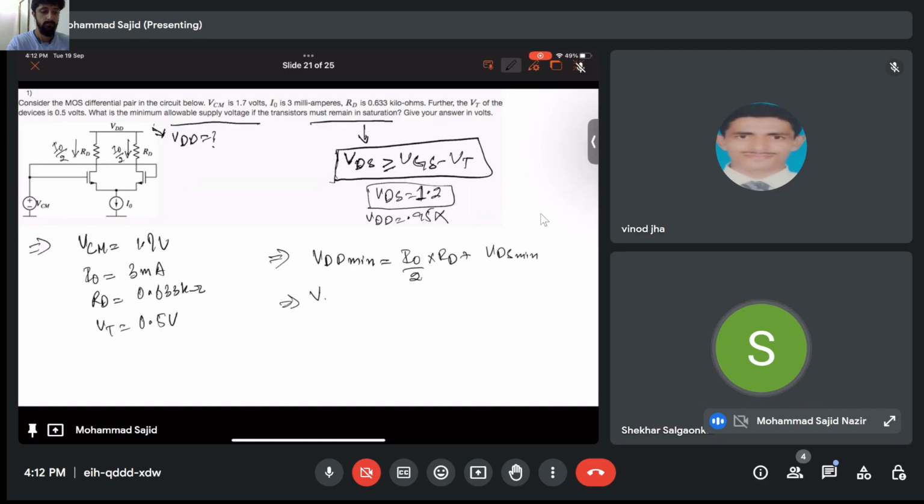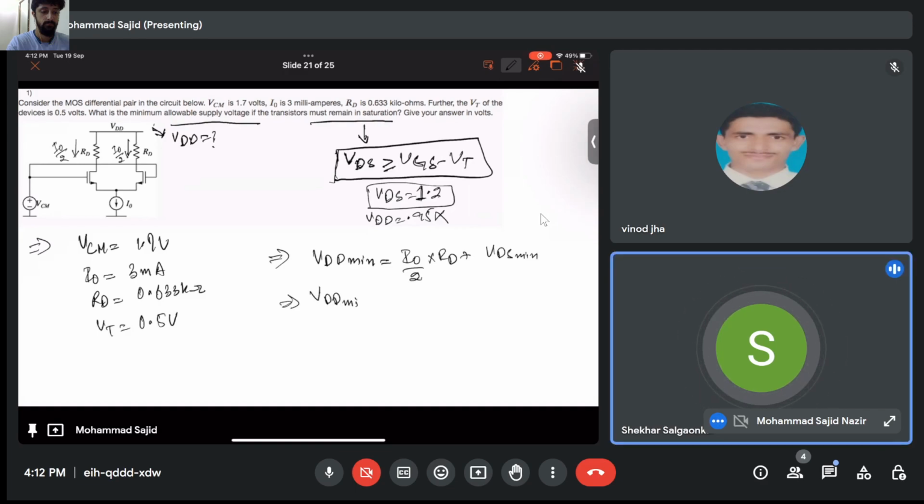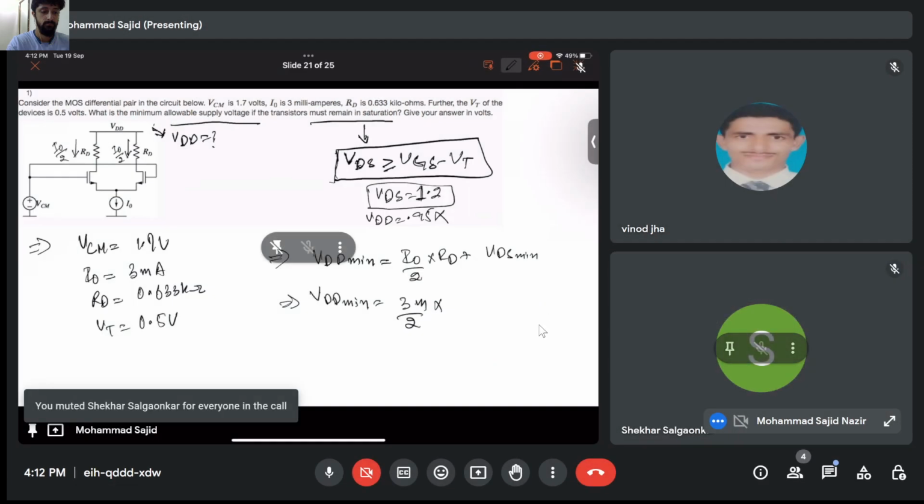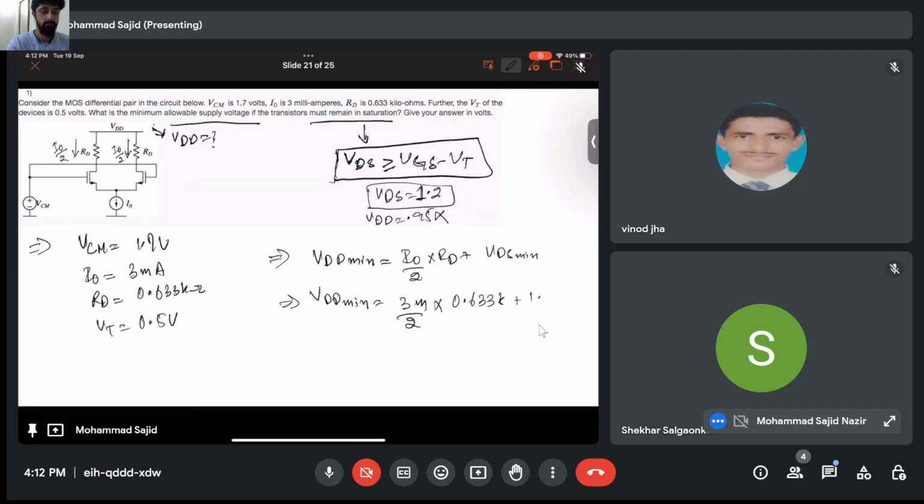So VDD minimum is 3 milliampere by 2 into RD, that is 0.633 kilo ohm, plus 1.2.